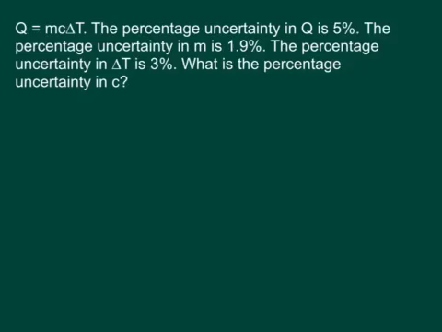So the first thing we need to do is have an equation which isolates C. If we divide both sides by M and delta T, then we get C equals Q over M delta T. We'll study what this equation means later in the semester.